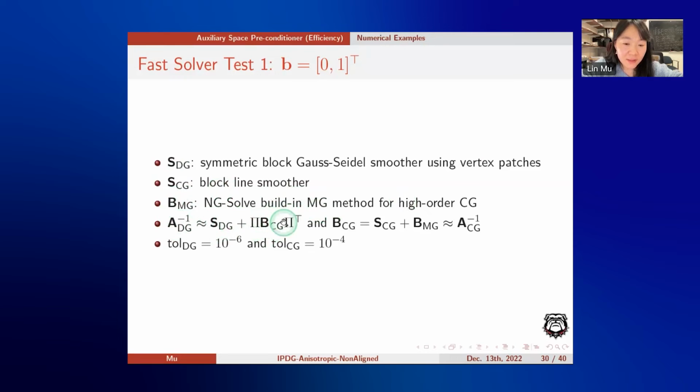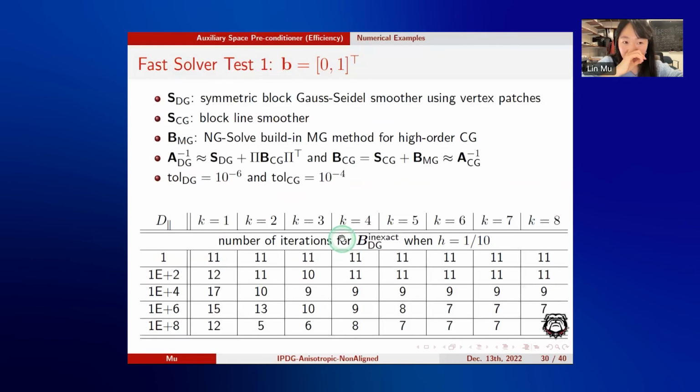The preconditioner for CG is constructed by a smoother plus multigrid for the high order CG method. We will choose tolerance for DG as 10 to the power -6, and the tolerance for the CG method as 10 to the power -4. Okay, let's check a similar test for this unit square with the unit vector pointing up.